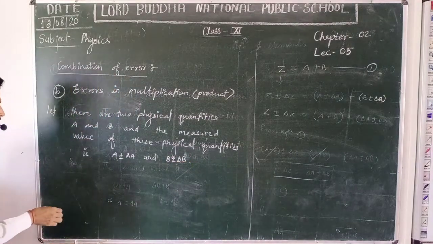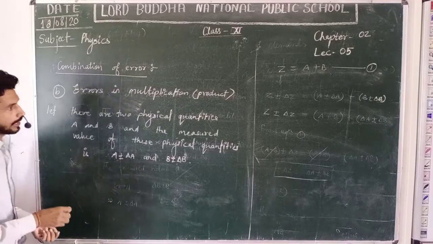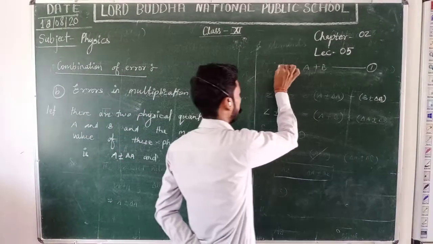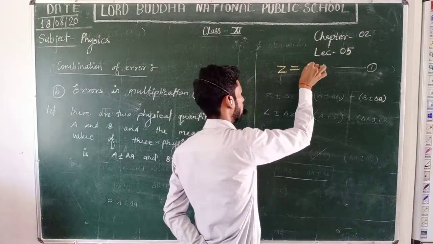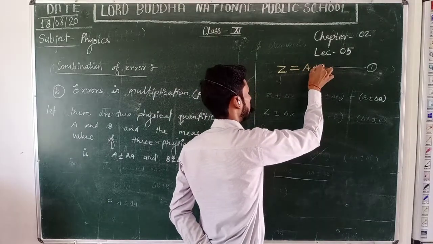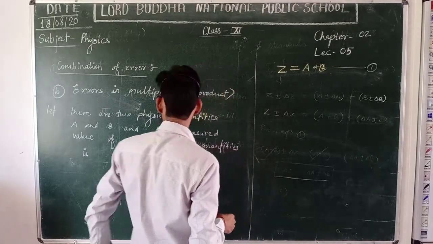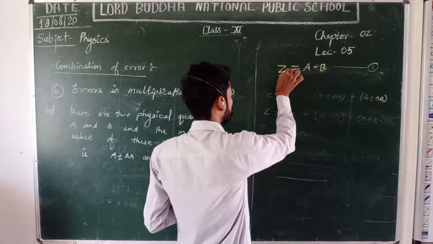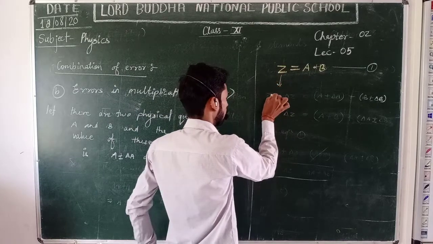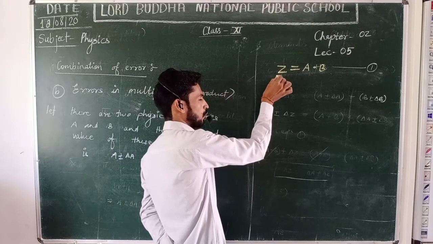Then we go for the mathematical operation. Suppose Z equals A into B, because we are going for the product of these physical quantities. In place of Z we write the error, delta Z, which is the error in the total process.